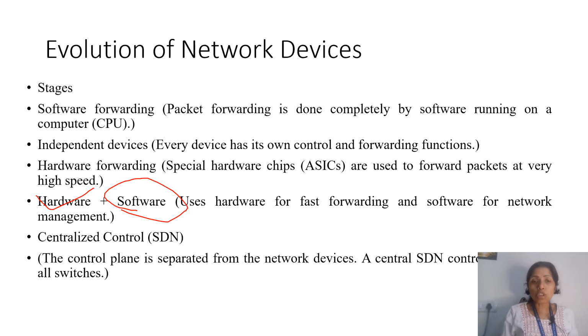After that, each device has its own software and hardware technology. After that, the controller came, the centralized controller. Thus, the network is managed through the software, but there is only one controller and many devices which are hardware only. So this is the final one. In this way, network devices are designed day by day.